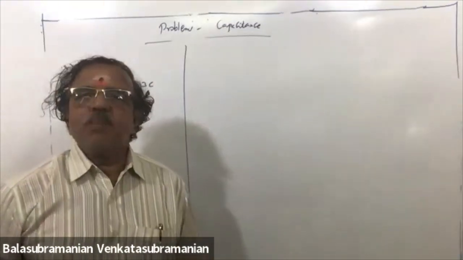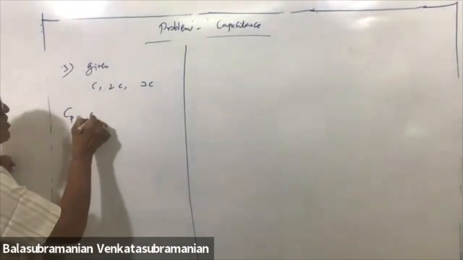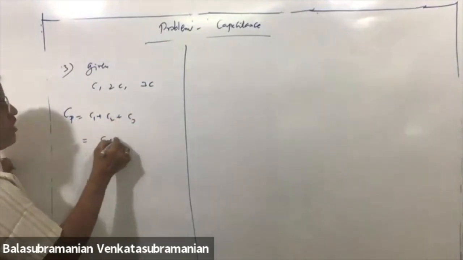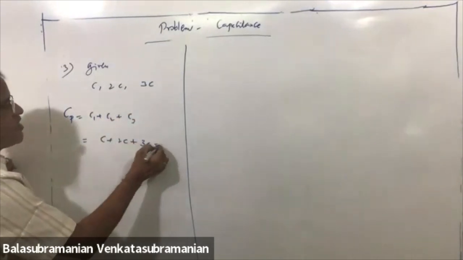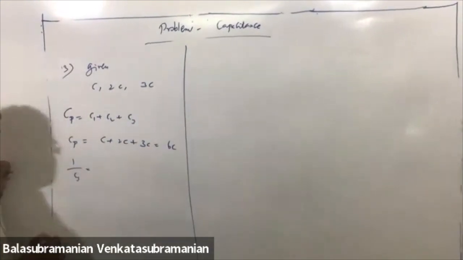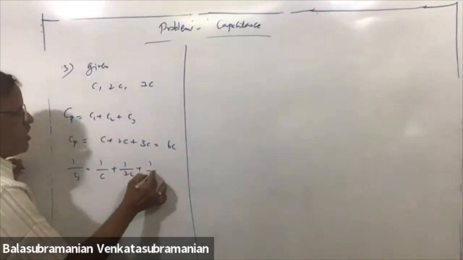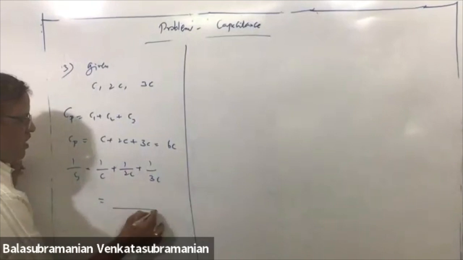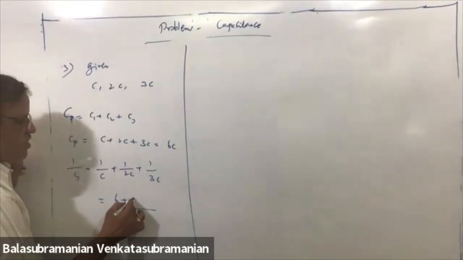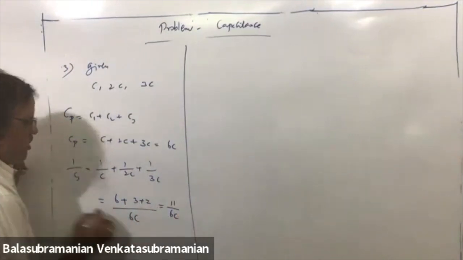Correct? In parallel, what is the formula? Cp is equal to C1 plus C2 plus C3, C plus 2C plus 3C, 6C. In series, 1 by C plus 1 by 2C plus 1 by 3C. Take 6C as LCM: 6 plus 3 plus 2, 11 by 6C.